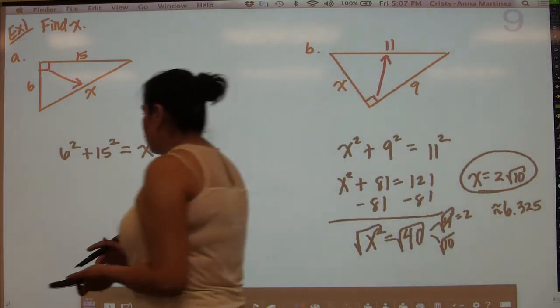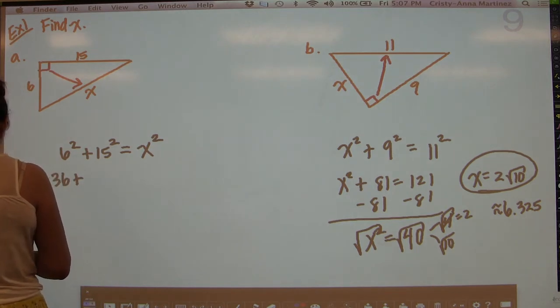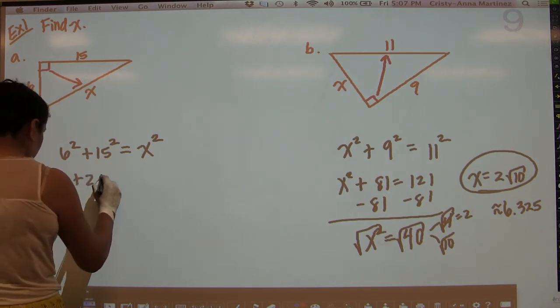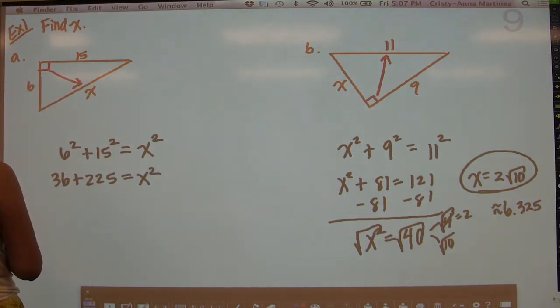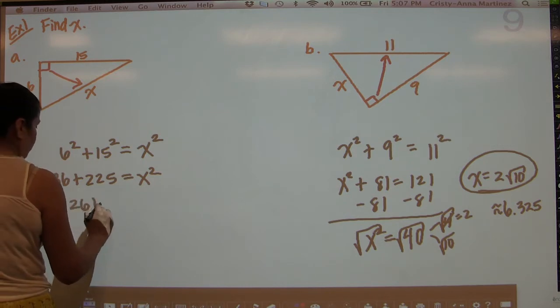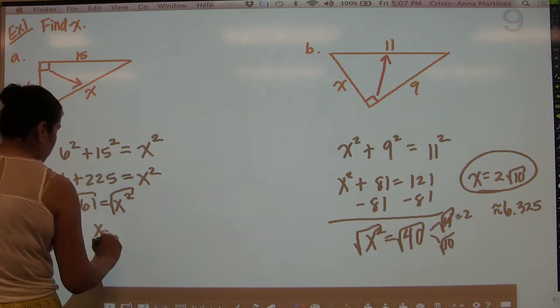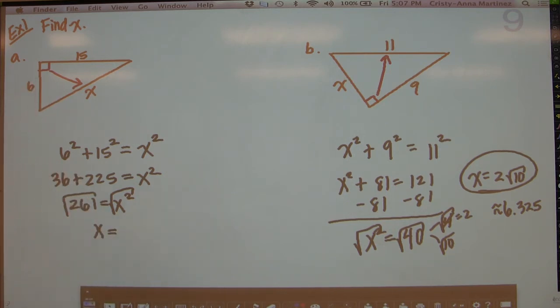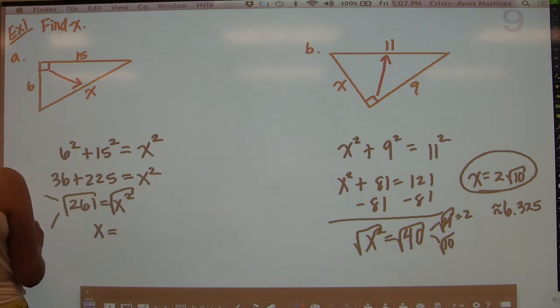Okay, now in this case, 6 squared is 36, and 15 squared is 225. And then 225 plus 36 is 261. Square root. And the square root of 261, let's see, it turns out that 261 can break down into 9 times 29.